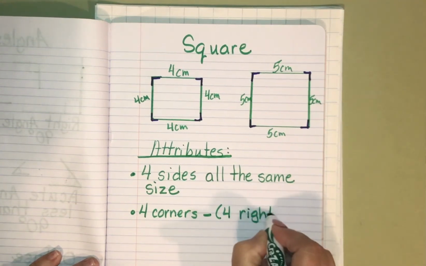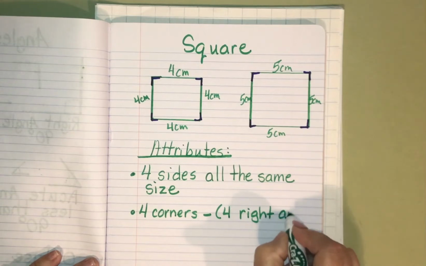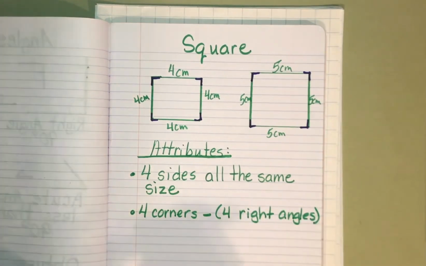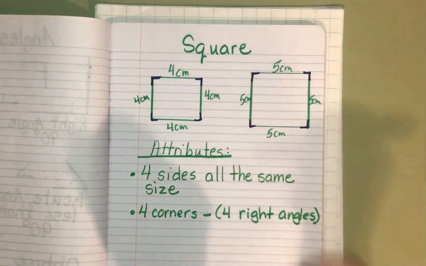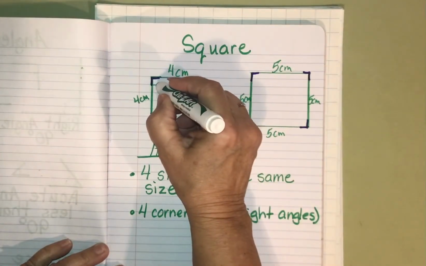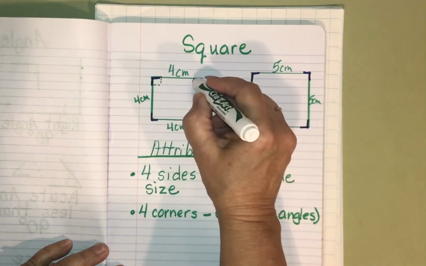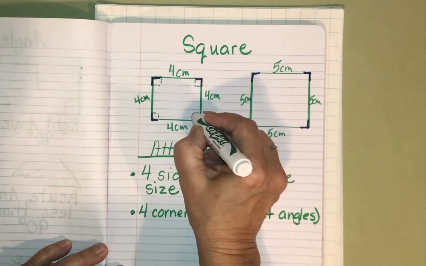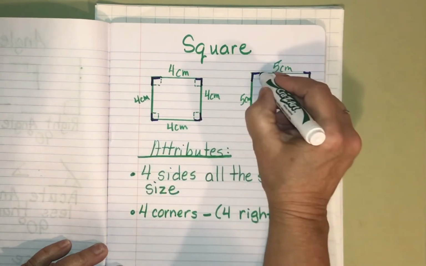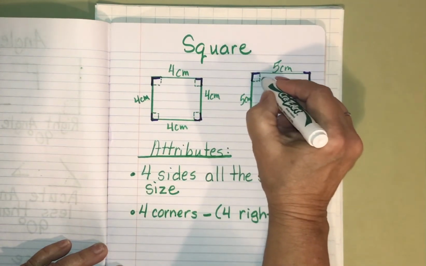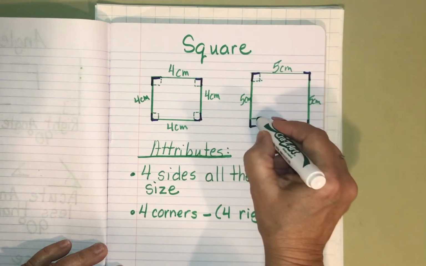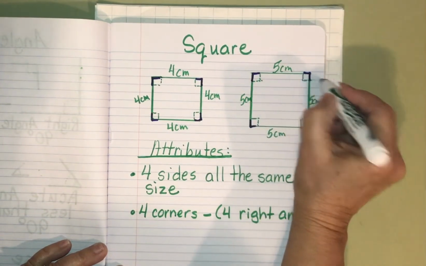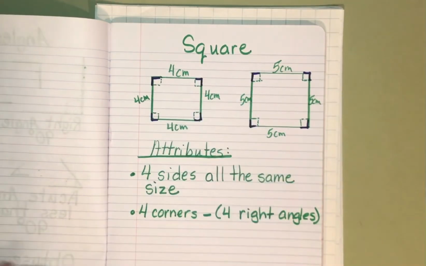All right, those are 4 right angles. Now, how do we know that they're right angles? Because we can make a square out of those. It's kind of like 4 squares, right? So if I look at that corner, I can actually make a square out of that angle. A right angle, 90 degrees.